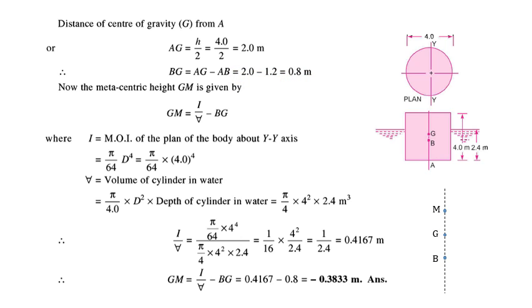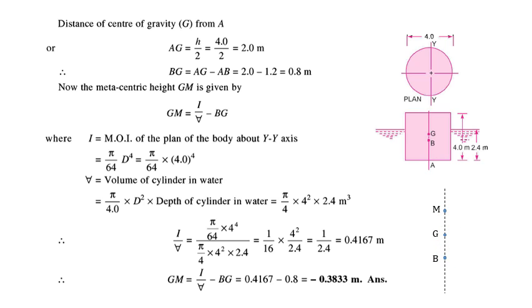Now in order to calculate the metacentric height GM, we are going to assume that metacenter lies above the center of gravity, and this distance GM is equal to BM minus BG.